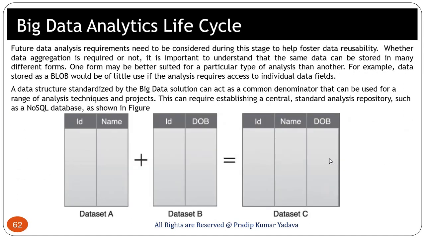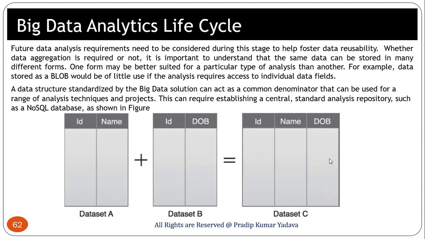Here you can see data set A has two fields, one is ID and the second is name. Data set B has ID and date of birth. ID is a common field, so we can create another data set, data set C, that will contain ID, name and date of birth. So we can minimize, and also standardize, the representation of the data set.